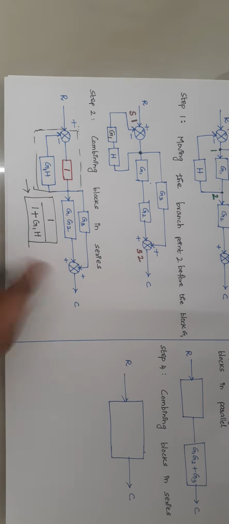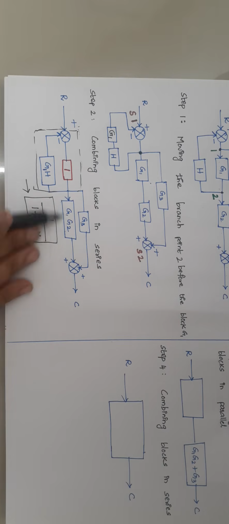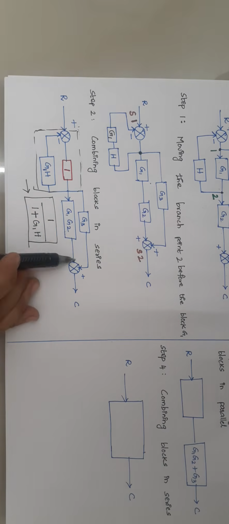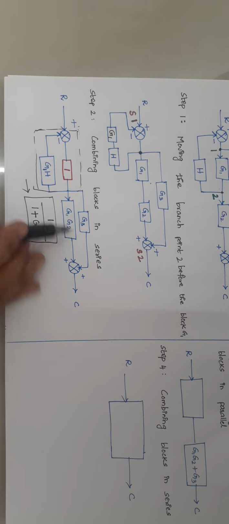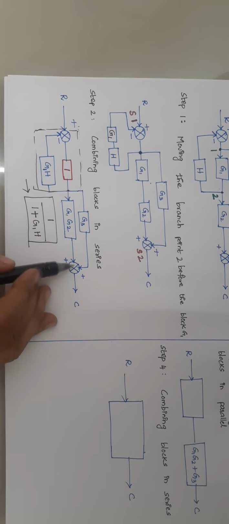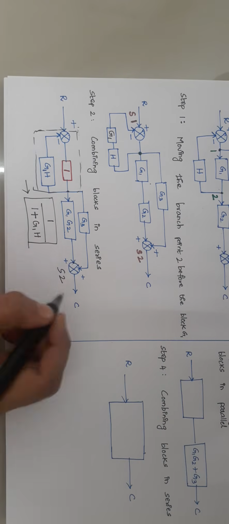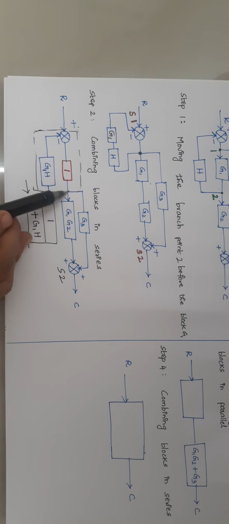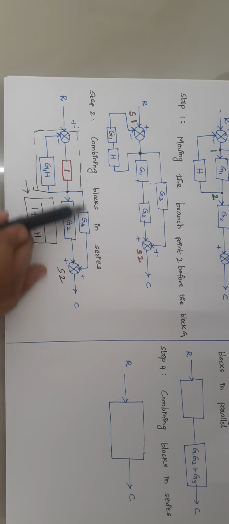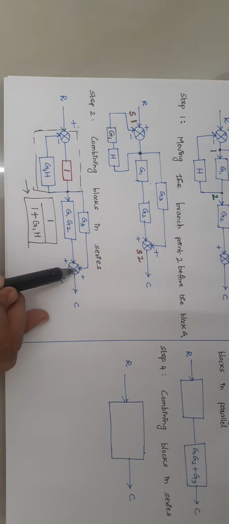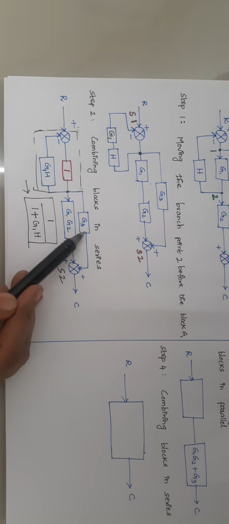The next step is here: this block and this block are in parallel combination, because G1, G2 starts with this point and ends with the summer, this summer is nothing but S2. Similarly, G3 also starts with this point and ends with the same summer. So these two elements are said to be in parallel combination.